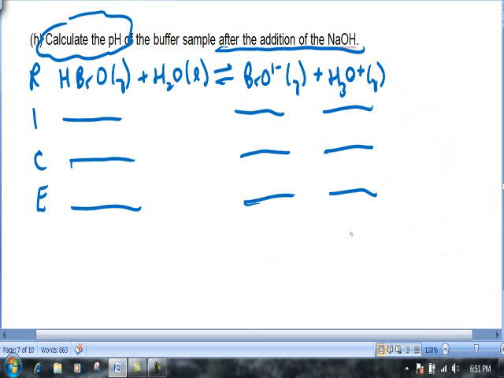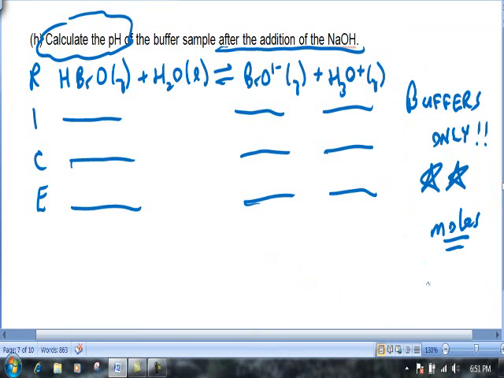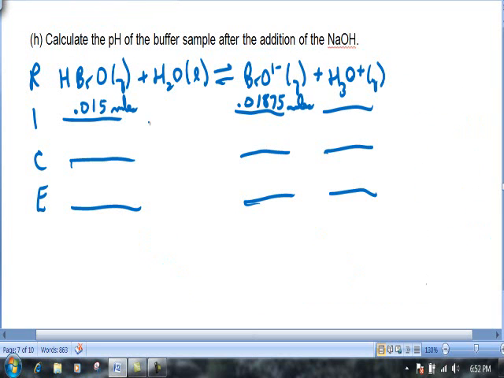Earlier, we determined the amount of moles that we have of our hypobromite and hypobromous acid in a 75 milliliter sample of this buffer. We'll use those again. A 75 milliliter sample had 0.015 moles of hypobromous acid, and 0.01875 moles of hypobromite ions present.